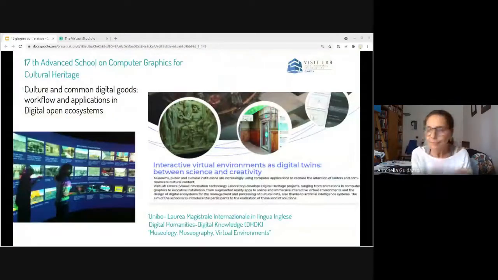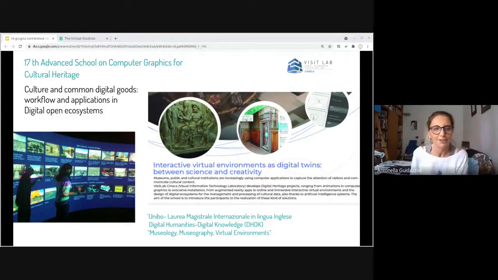Okay, so I have skipped this slide just to outline that, if you're interested, we have a summer school in October, and this is the 70th edition of this school, so quite a long time. It's an advanced school on computer graphics and cultural heritage. This year, the theme of the school will be culture and common digital goods, workflow and applications in digital open ecosystems.